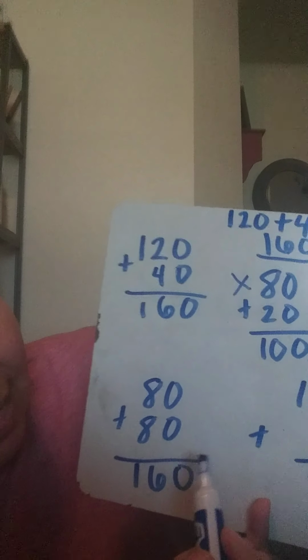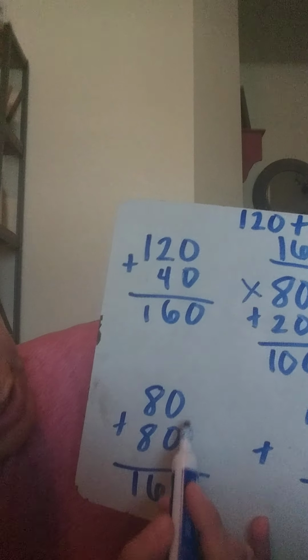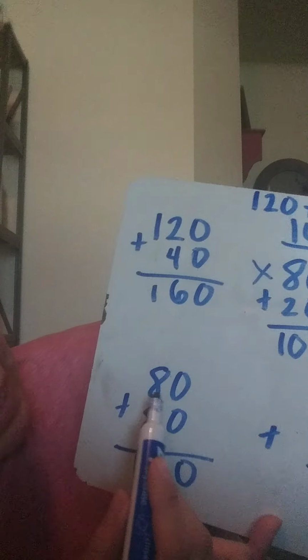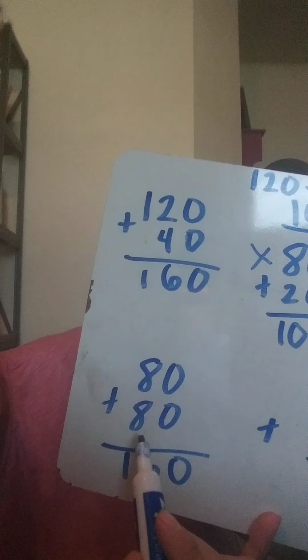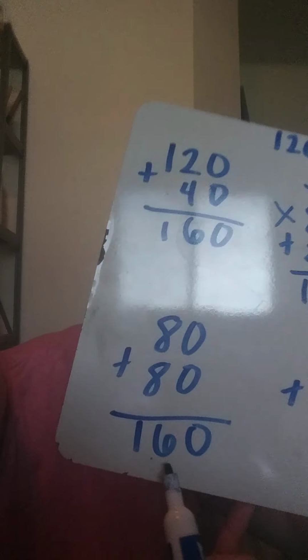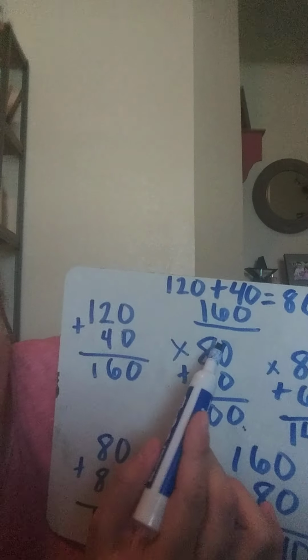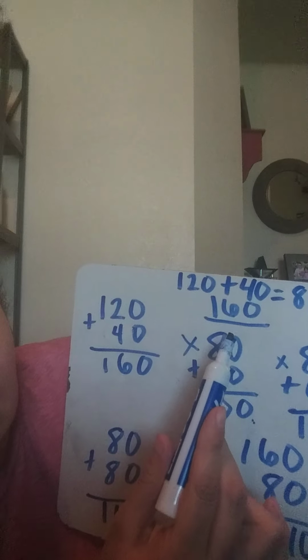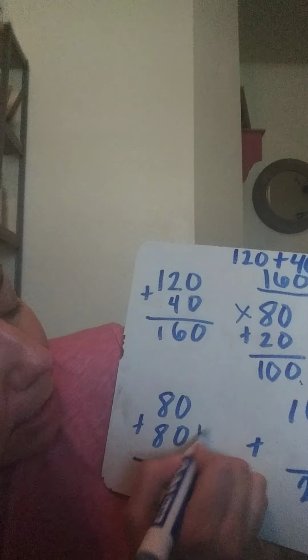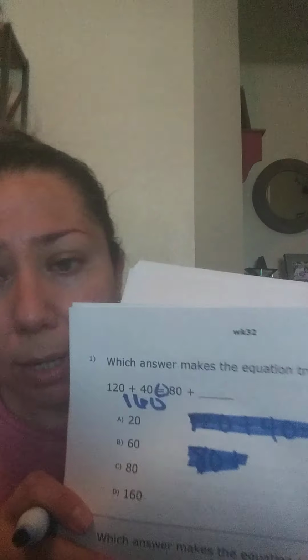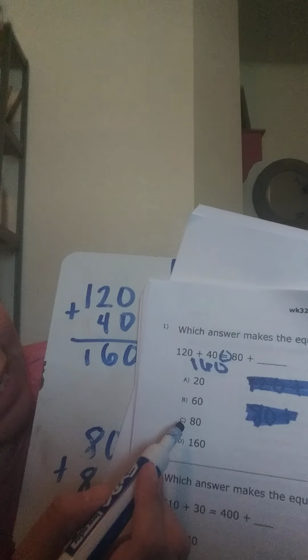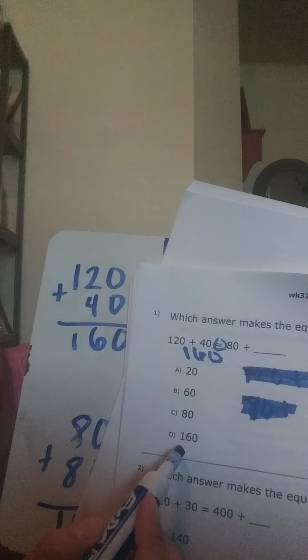Now let's go to this one. When you add the 80, 0 plus 0, 0. What's 8 plus 8? 16. So the total is 160. Is that equal to 160? Correct. So on number 1, which one are we going to circle? 20, 60, 80, or 160?